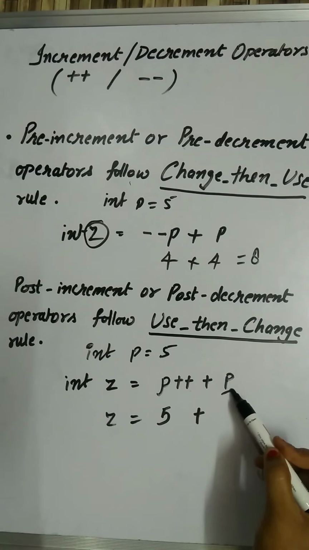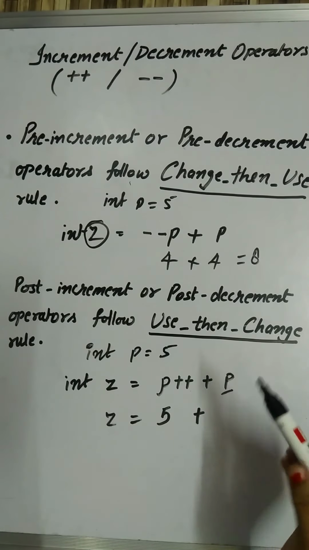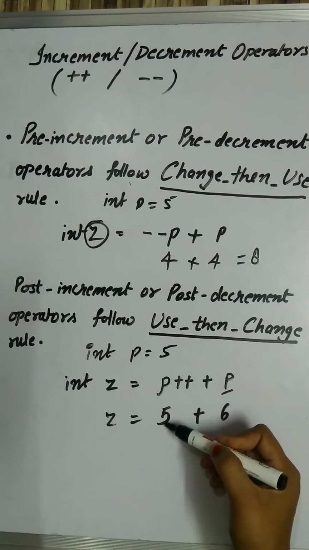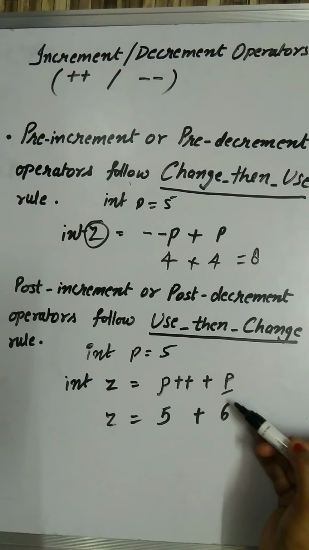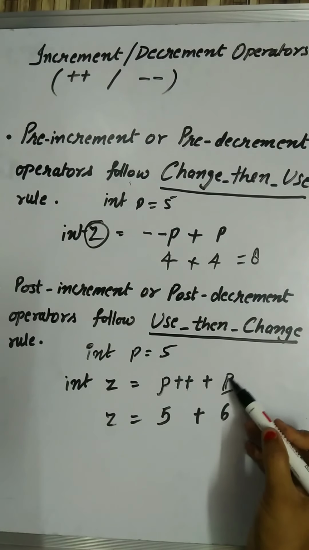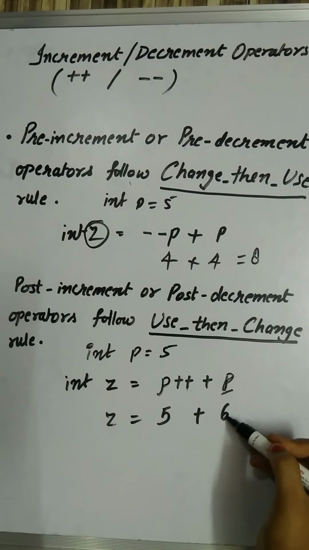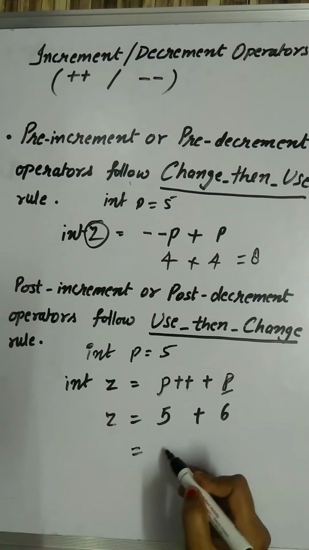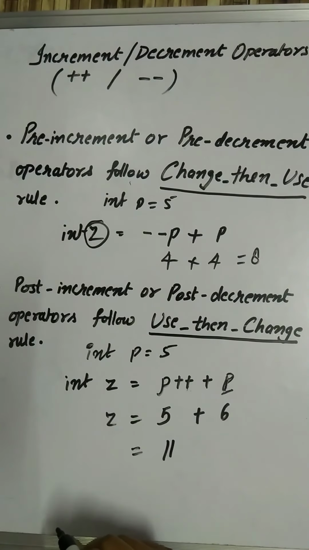Here again we write p, so the p value is 6. First of all we use it, then we change it. So the value is 5 plus 6, that is 11. The z value is 11. Okay.